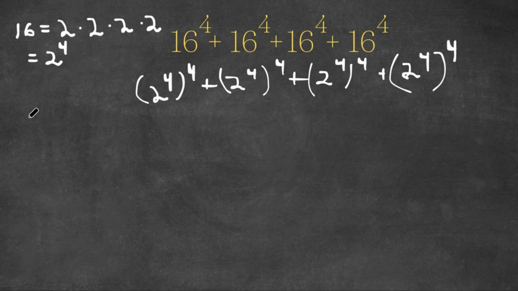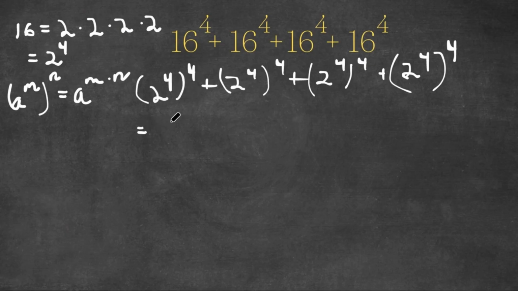Now, if we have something in the form a to the power of m to the power of n, this is actually equal to a to the power of m times n. So 2 to the power of 4 to the power of 4 is going to equal 2 to the power of 4 times 4, and 4 times 4 is 16.